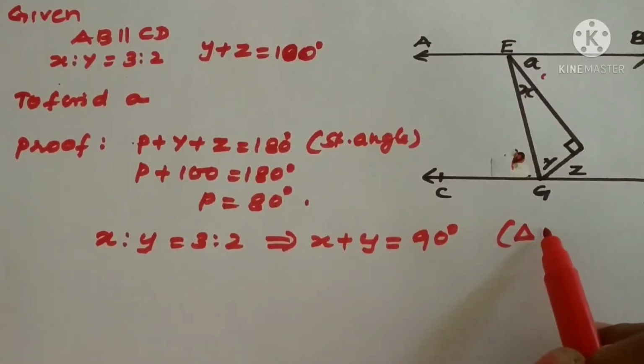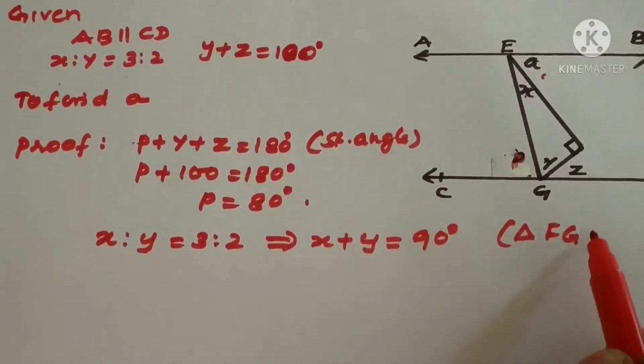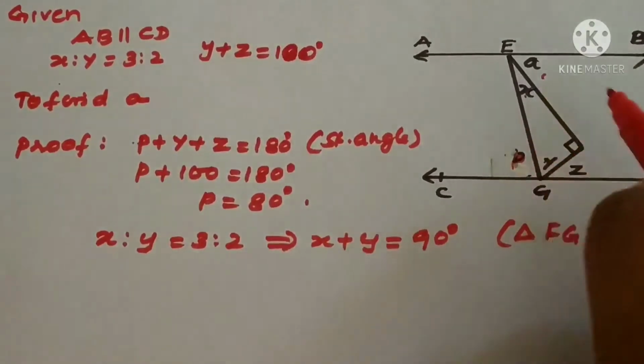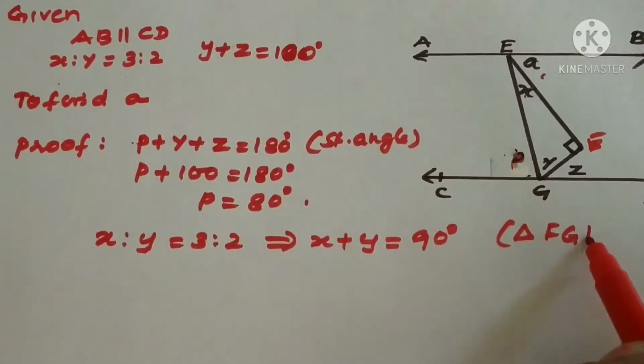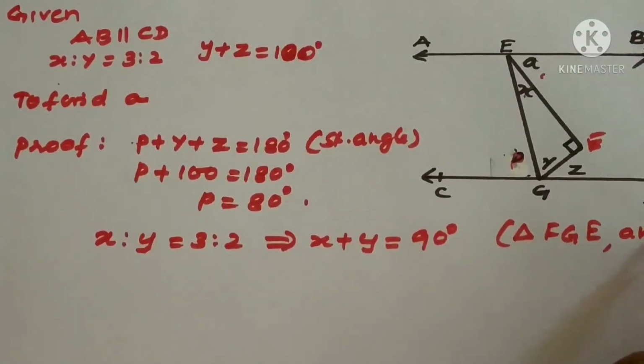In triangle EFG, the letter is not given, so I can call it E, with angle sum property.